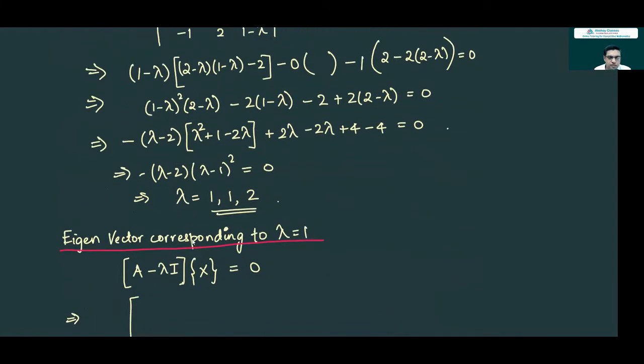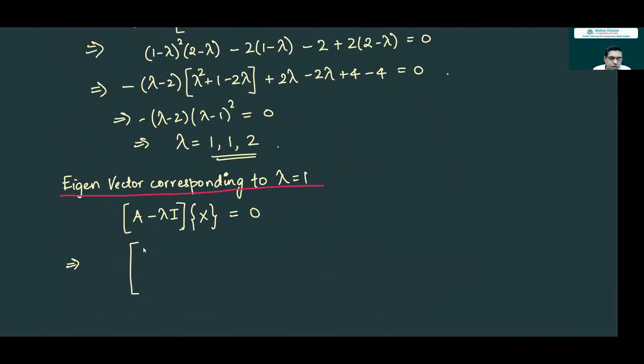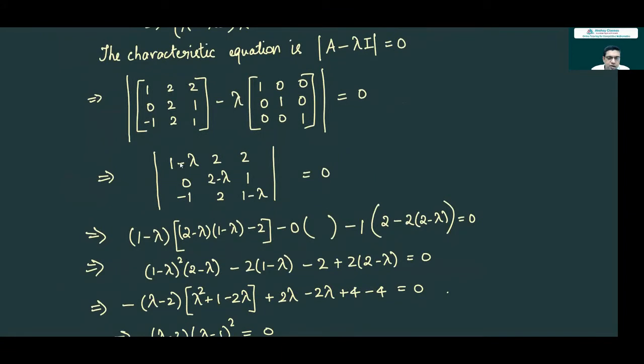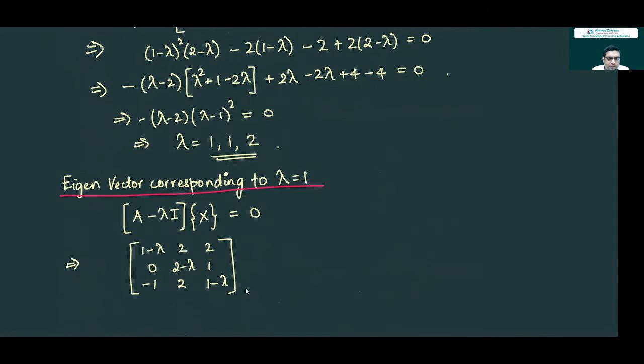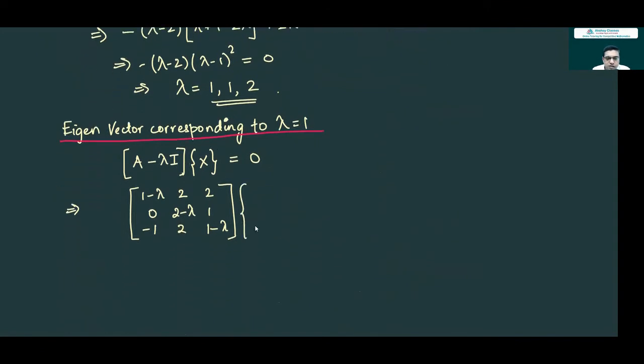So we have 1 minus lambda, 2, 2, 0, and 2 minus lambda, 1, and minus 1, 2, 1 minus lambda. So the same thing I'm writing: 1 minus lambda 2, 2, 0, 2 minus lambda 1, minus 1, 2, 1 minus lambda times x1, x2, x3 is equal to 0.